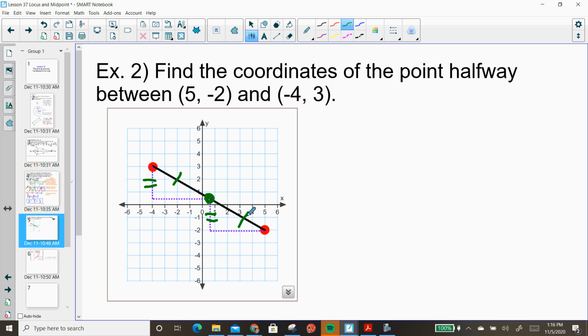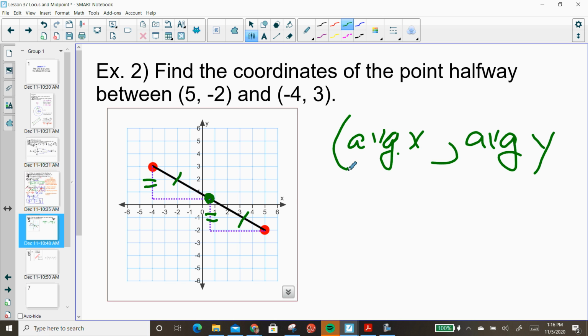And anytime you want something that's halfway between two other things, you're just talking about the average. So I want the y that's halfway in between those two original y's, or the average y. Same thing for the x's. That's going to be halfway between the two red x's. So I just need to come up with the average x and the average y.